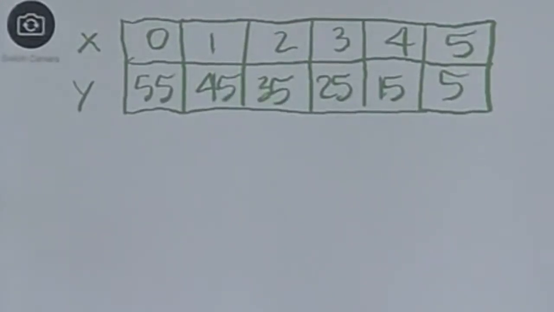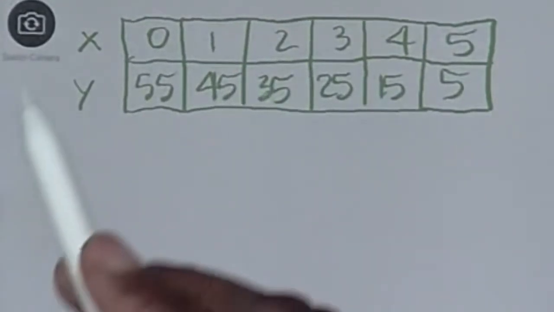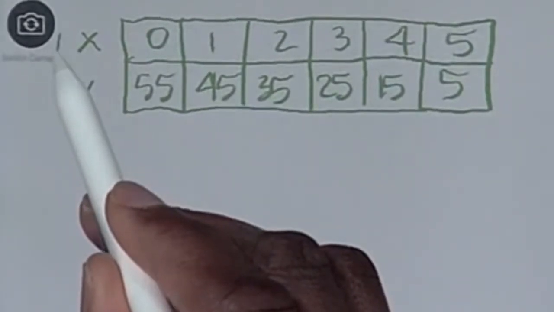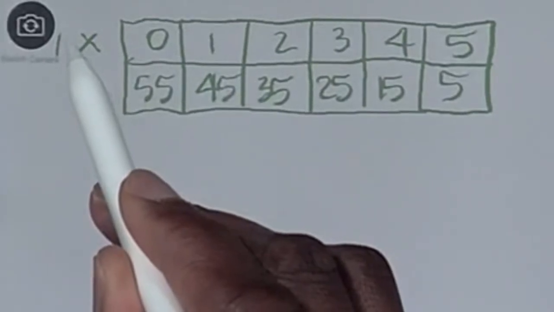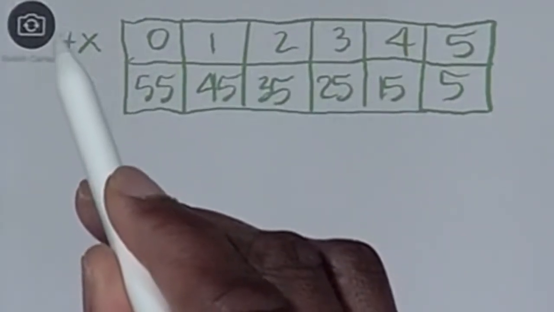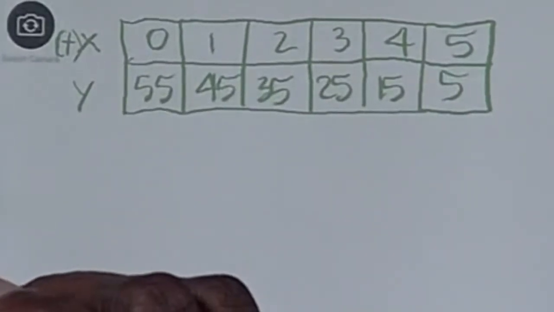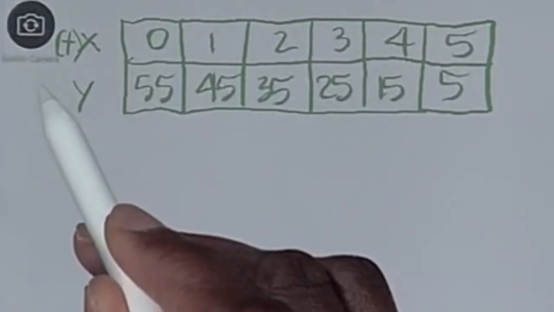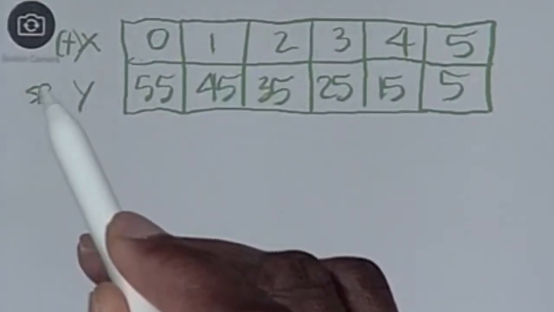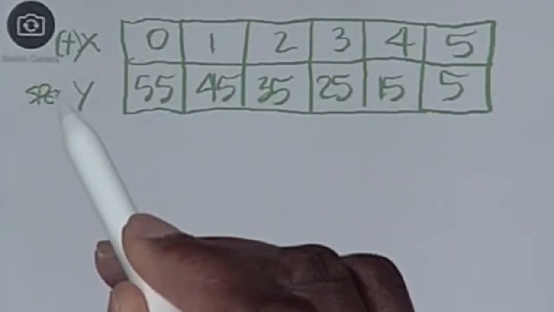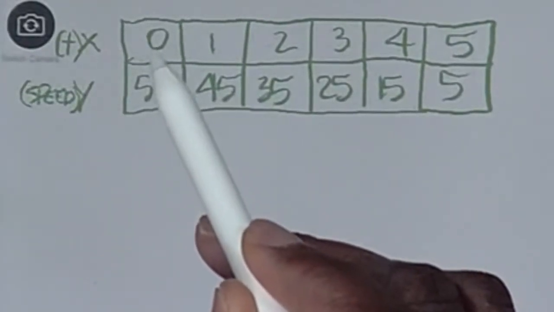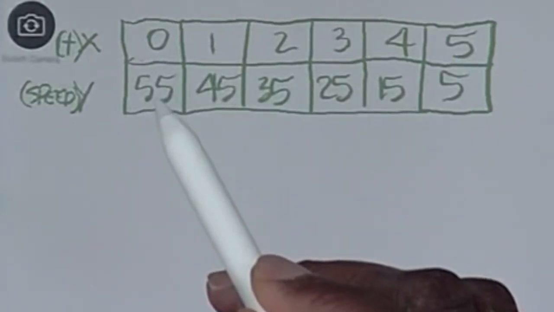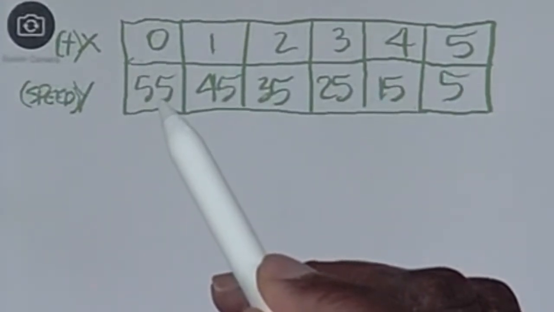The x value and the y value could also be time. You know, the variables don't really matter here. The variable could be time, and let's say the variable could also be something like speed. I know I've got the variables x and y here, but this could mean at time 0, something is traveling at 55 feet per second.